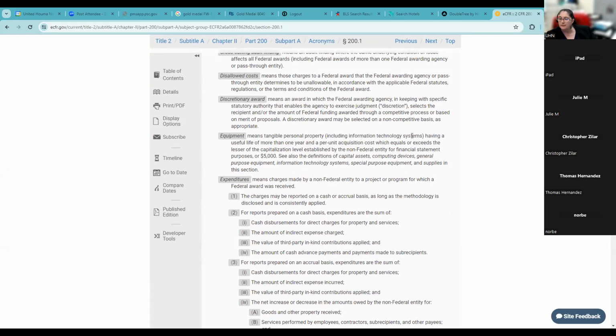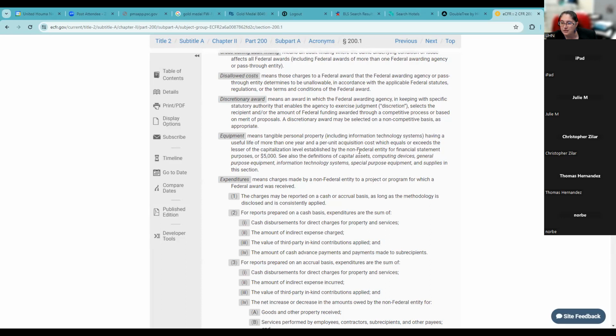So that's the reference to computer systems, having a useful life of more than 1 year and a per unit acquisition cost which equals or exceeds the lesser of the capitalization level established by the non-federal entity for financial statement purposes. That basically means whatever your tribe considers the threshold, or $5,000, whichever is the lower threshold.